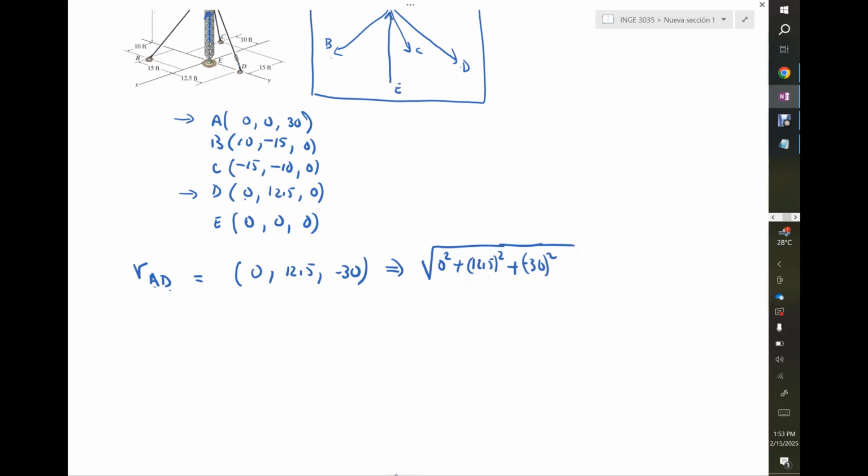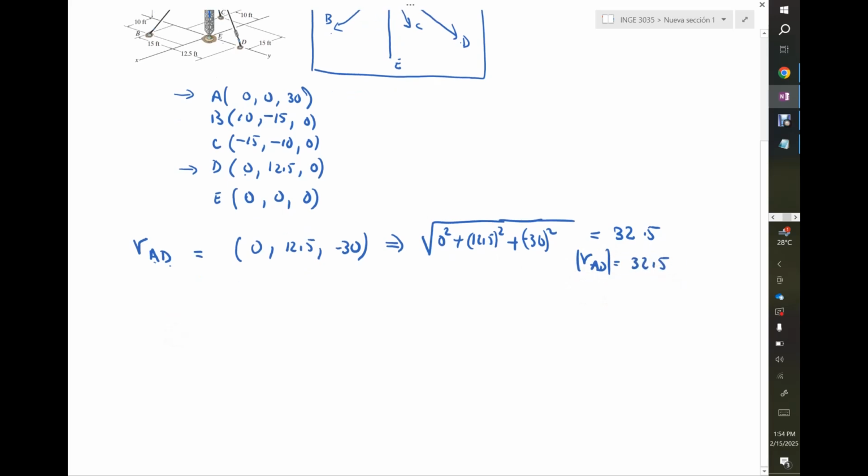Let me pull the calculator here, and that will be 32.5. So we got the magnitude. Let me write it down here. That's going to be the AD magnitude, 32.5.